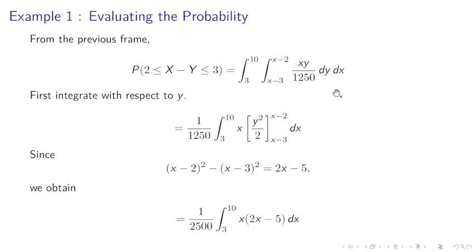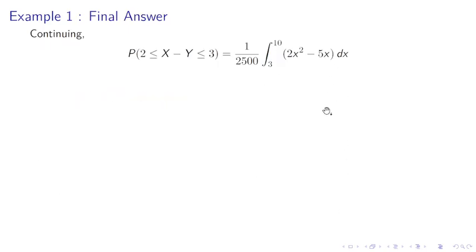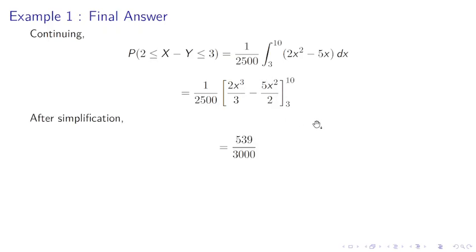We have already integrated over dy, so next we integrate with respect to x. Here this becomes 2x³/3 − 5x²/2. Simplifying, this becomes 539/300 after substituting the values 10 and 3.